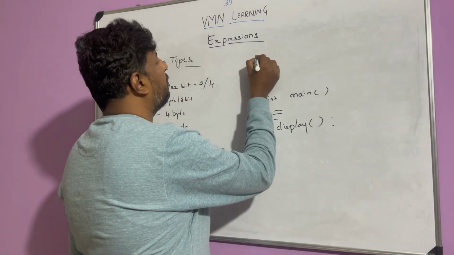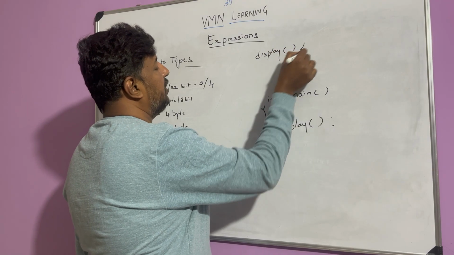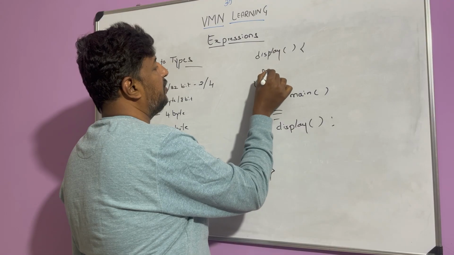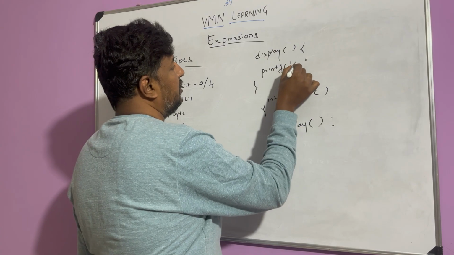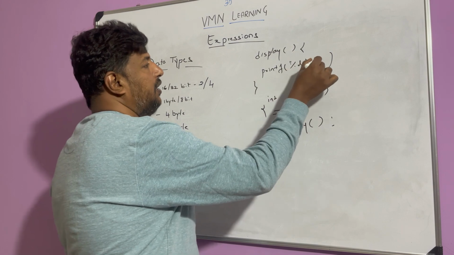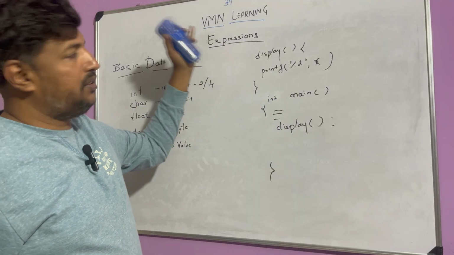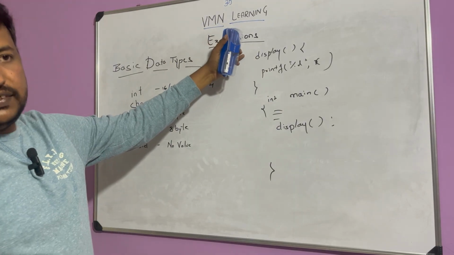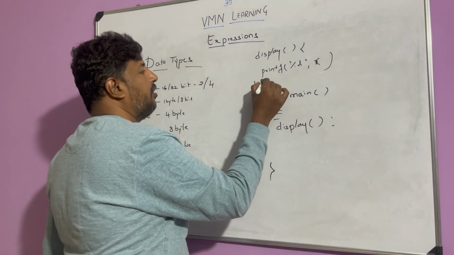We have a display function whose job is to display some value. Now, after printing, if it is an int function, it has to return an integer. So normally, you will see return 1 there.